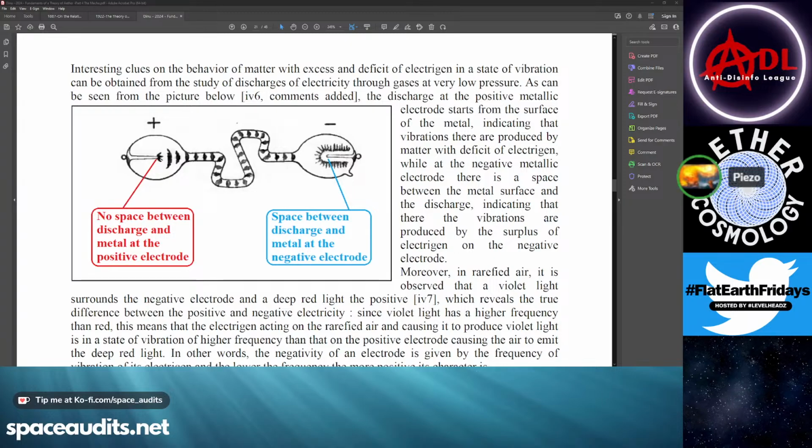Okay, so with electrical discharges through gases near vacuum, as can be seen from the picture below, the discharge at the positive metallic electrode starts from the surface of the metal, indicating that vibrations there are produced by matter with deficit of electrogen. While at the negative metallic electrode, there is a space between the metal surface and the discharge, indicating that the vibrations are produced by the surplus of electrogen on the negative electrode.